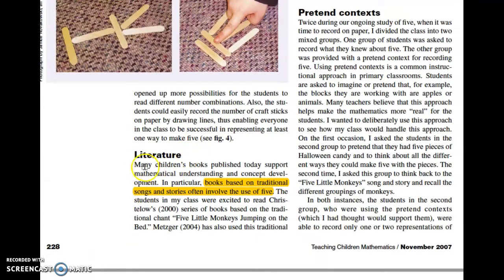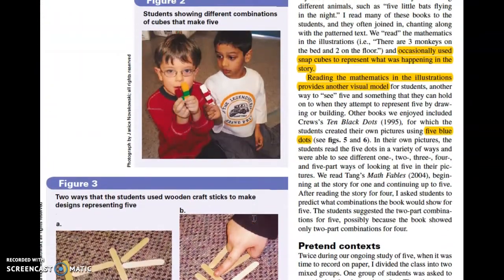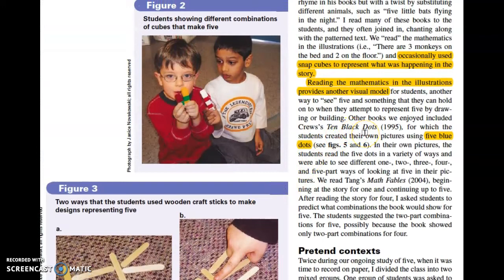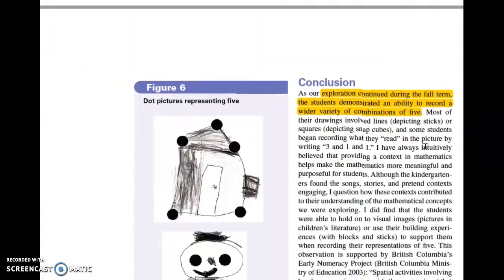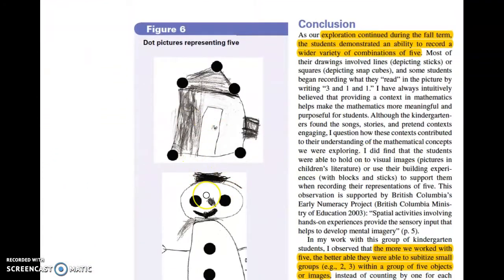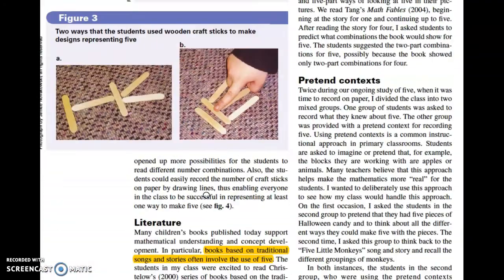Then she also gives them another experience through literature, and she uses books based on traditional songs and stories, often involving the use of 5, such as Five Little Monkeys Jumping on the Bed, and books like Ten Black Dots. Again, giving them different opportunities, using different visuals. So here she uses 5 blue dots, and the students make representations using pictures and dots.